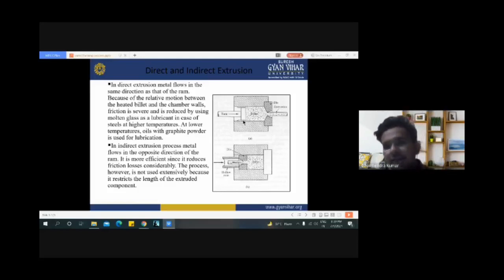We can see that in direct extrusion, the ram is applying force in the direction of output of our desired shape.